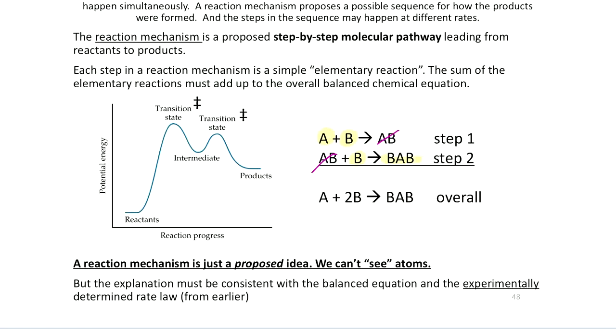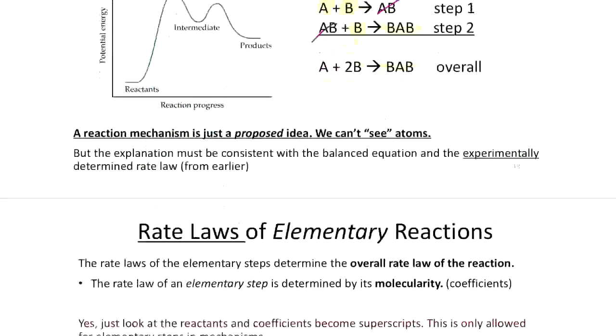So the great thing here is that the steps that we propose need to add up to the overall reaction, but the mechanism also has to agree experimentally with rate laws that we talked about previously in this chapter. Like if I know that this reaction is a first order reaction with respect to something, I need to make sure my mechanism matches that as well, and that's what we'll talk about next.